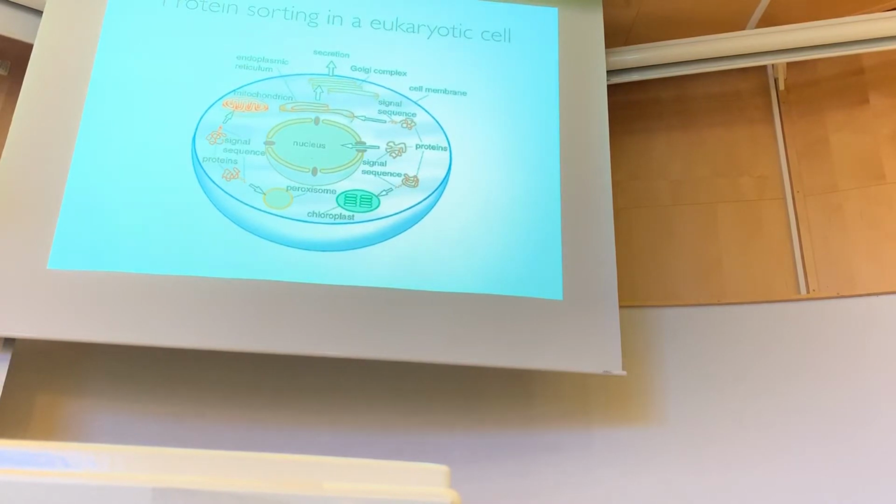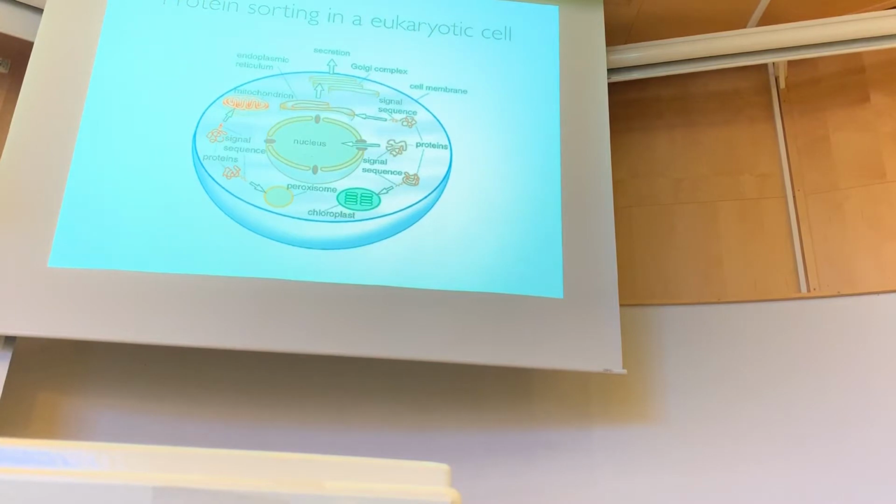Other proteins are routed for import into the nucleus, for instance. Proteins can also be exported from the nucleus through nuclear pores. Yet other proteins are imported into mitochondria. Mitochondria have two membranes, so some of these proteins have to be imported across two lipid bilayers before they reach the final destination. There are other organelles such as the peroxisome that have specific targeting signals and machineries that recognize the targeting signals and translocate the proteins into the peroxisome.